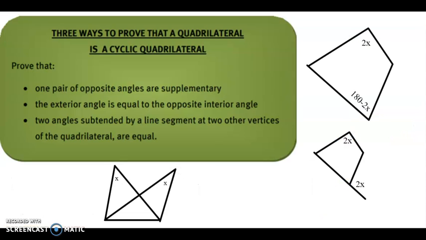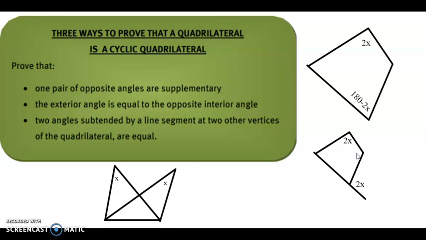Now, generally, you will be asked to prove that a quadrilateral is a cyclic quad. How do you do this? If you can prove that one pair of opposite angles are supplementary, then you've proven that a quadrilateral is a cyclic quad. You can prove that the exterior angle of a quadrilateral is equal to the opposite interior angle.